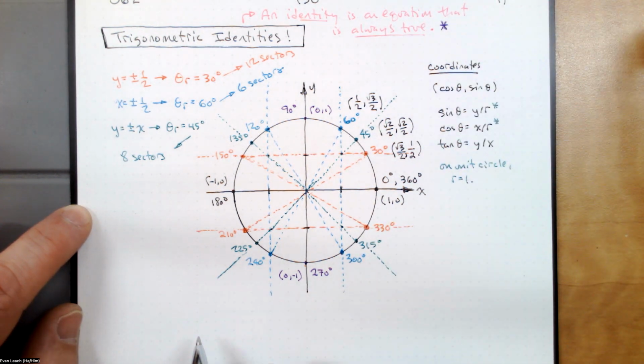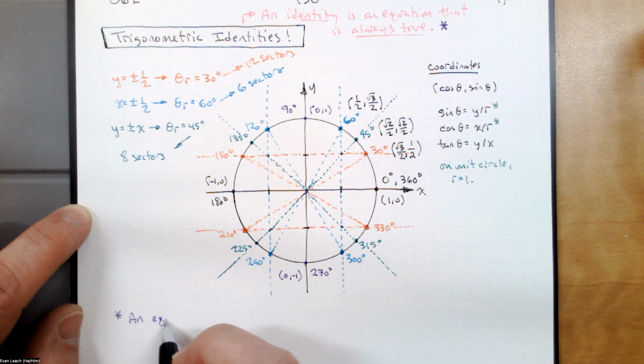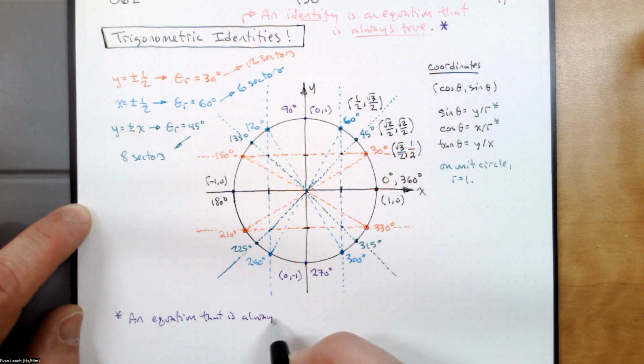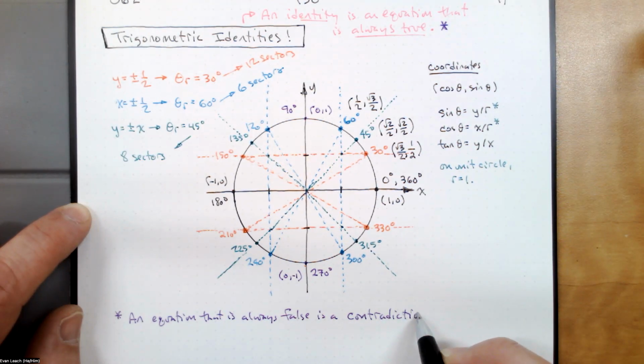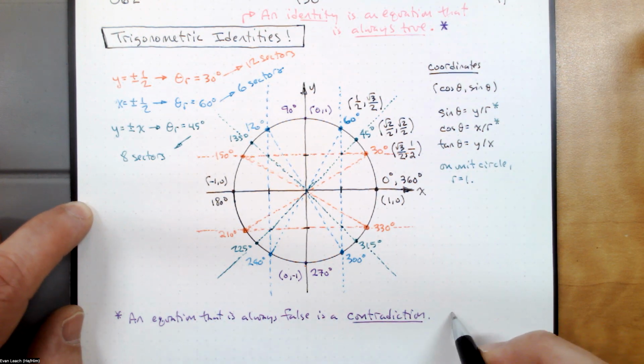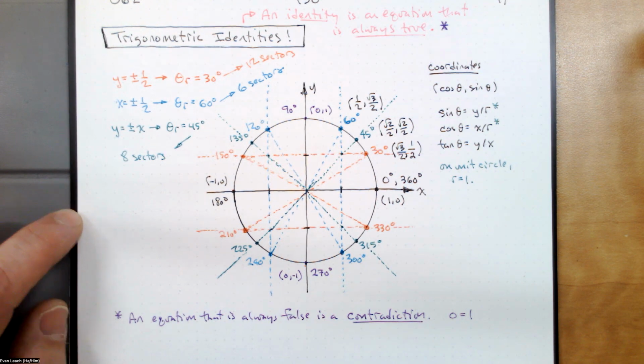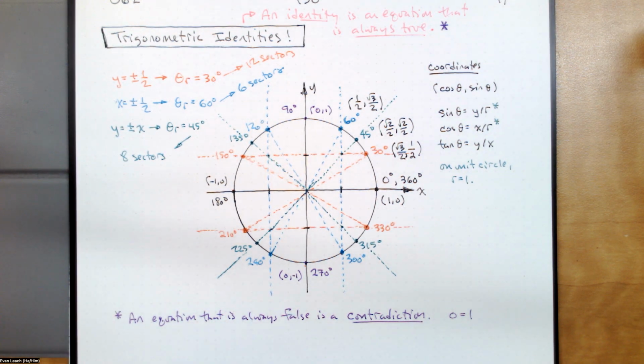An equation that's always false is called a contradiction. 0 equals 1 is a contradiction. That is never true.